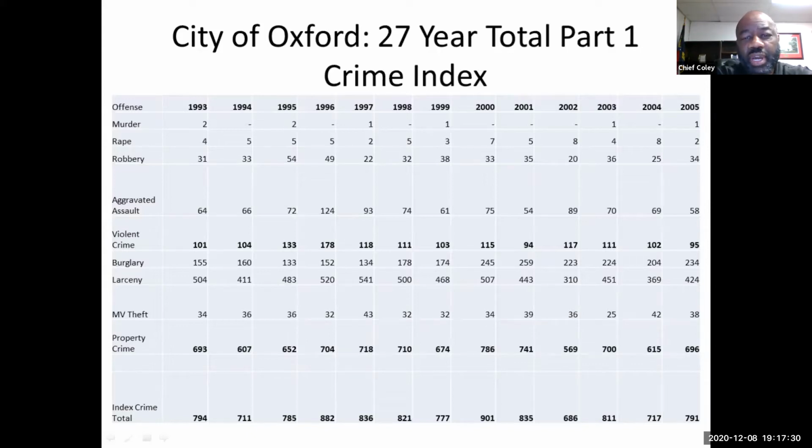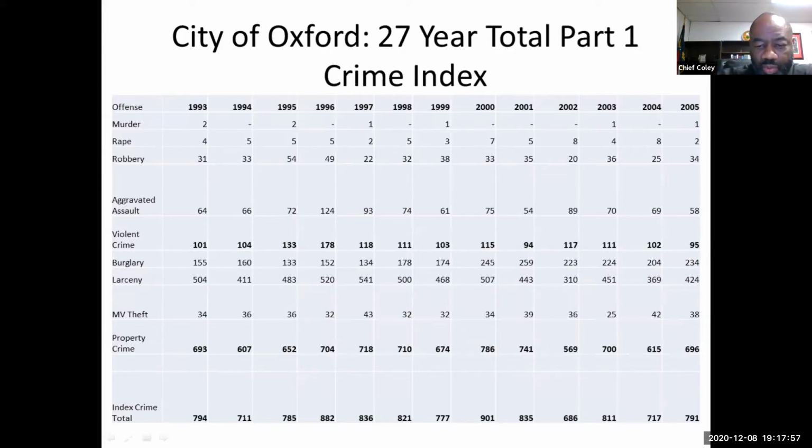And then as we move forward, if we look at the bottom numbers, our crime index is 794, 711, 785, 882, 836, 821, 777, 901, 835, 686, 811. So we kind of see a pattern there.